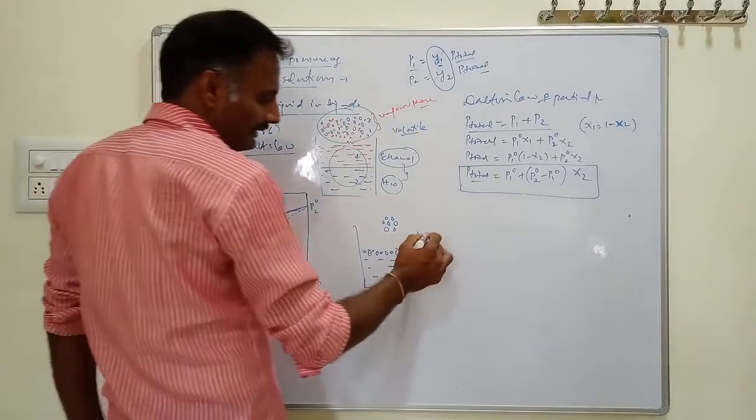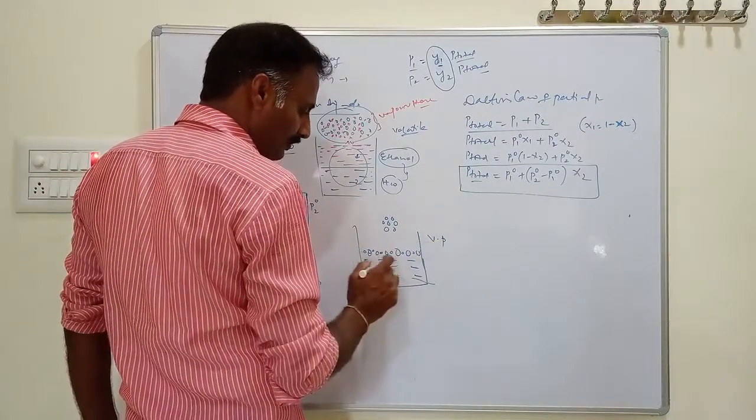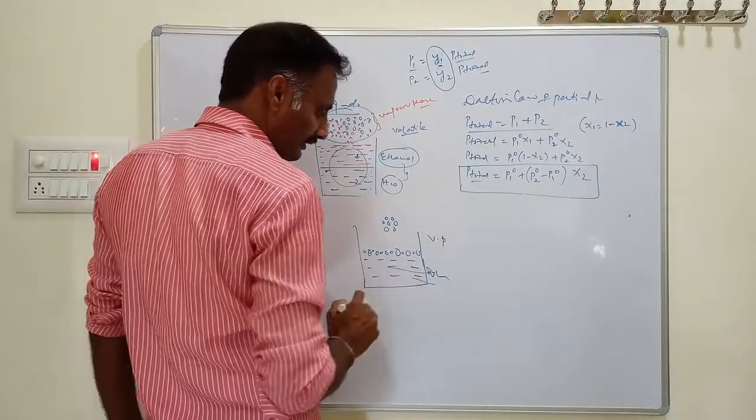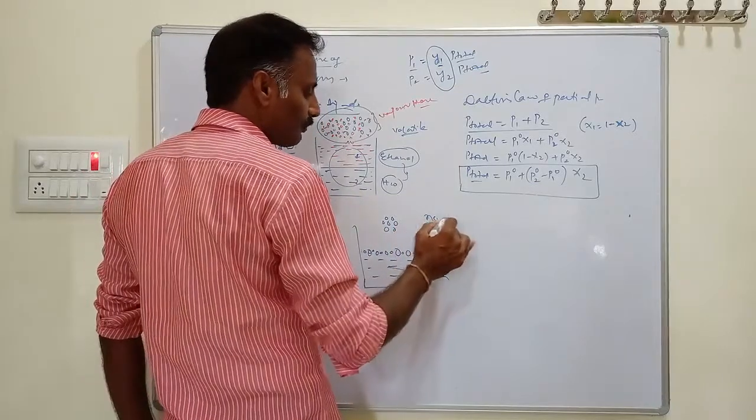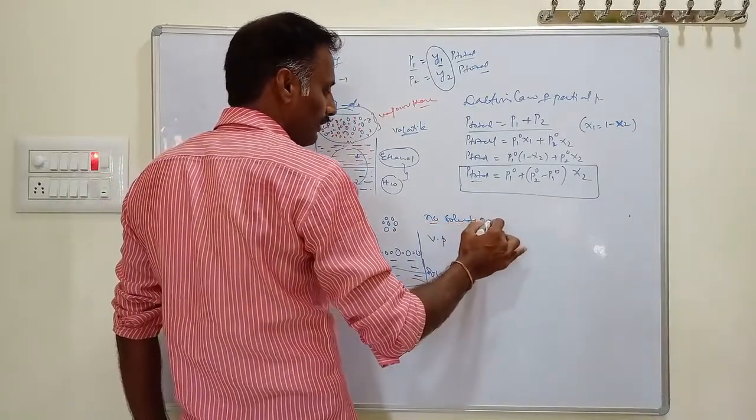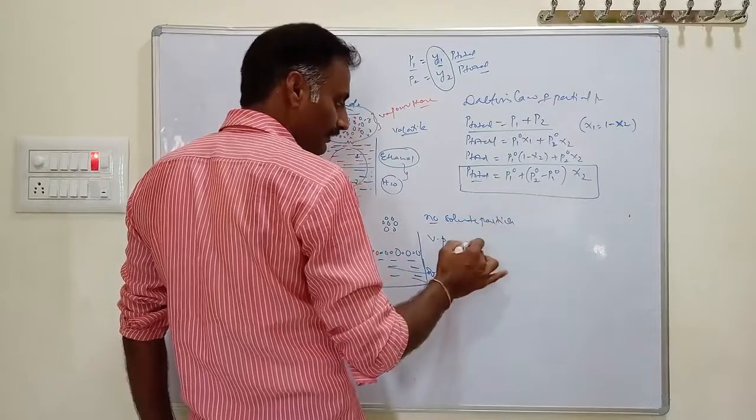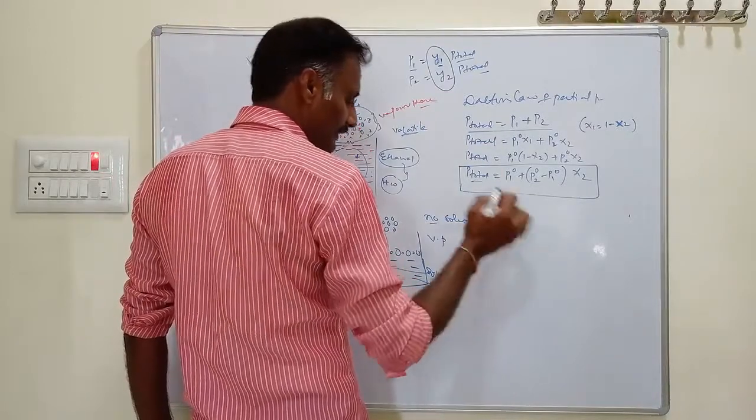The decrease in vapor pressure of a solution depends upon the number of solute particles, irrespective of their nature.